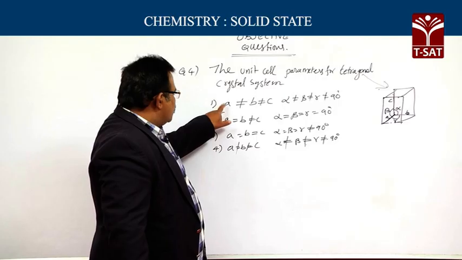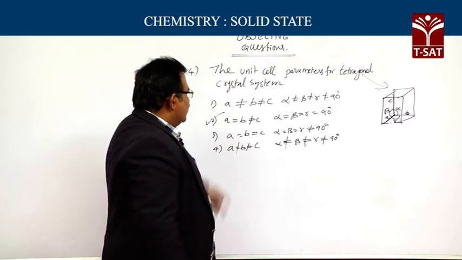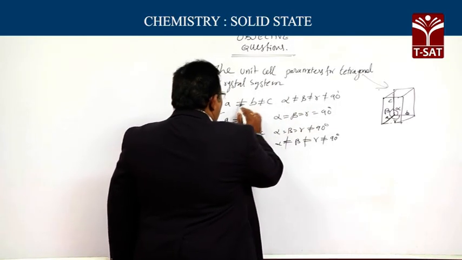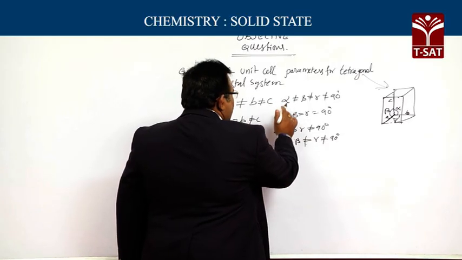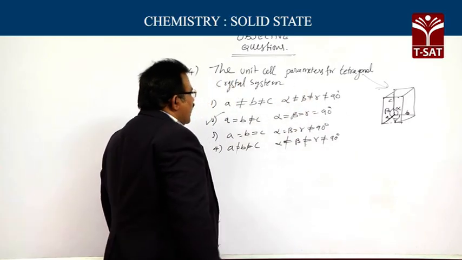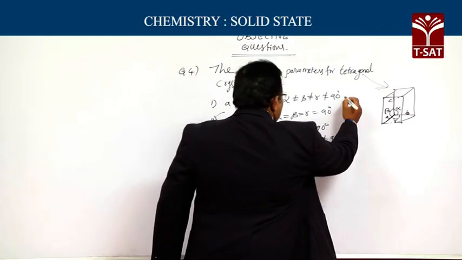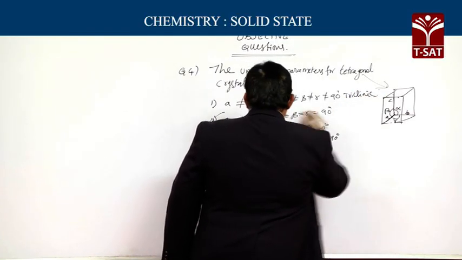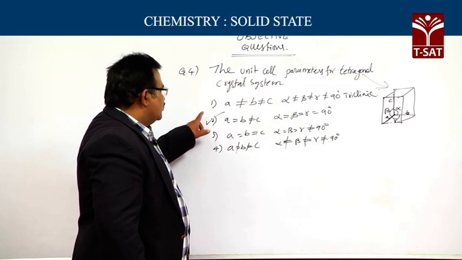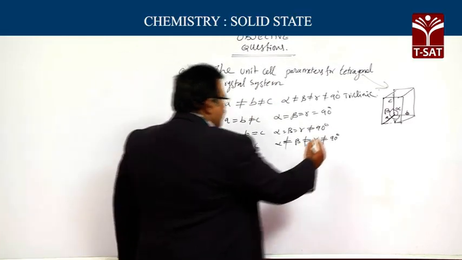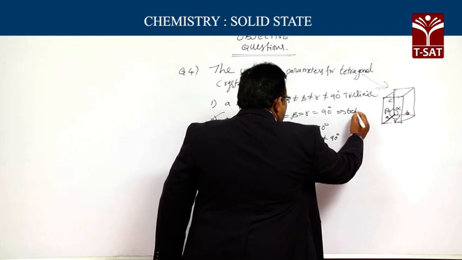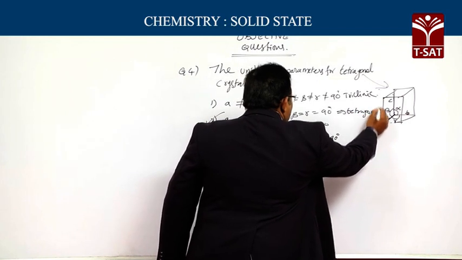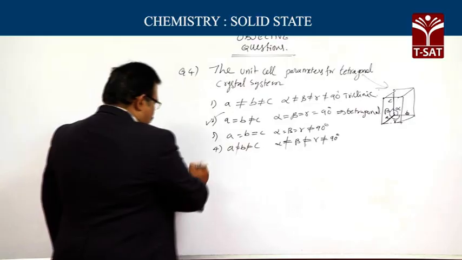What is the first option? We know that all the edge lengths and angles are different in triclinic. This is triclinic crystal system, whereas this is tetragonal crystal system.